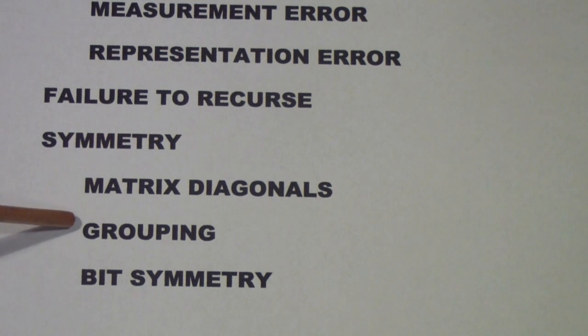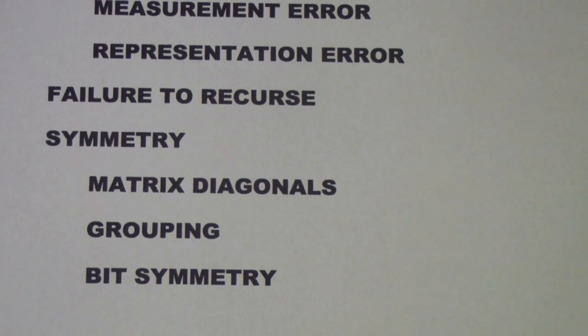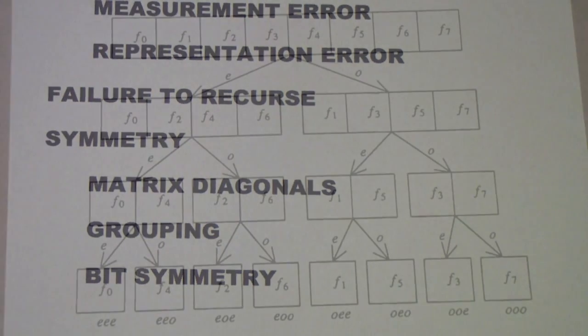Sometimes by grouping data, you can get a symmetry, like we just saw in the FFT by grouping the evens and the odds. And sometimes you will find that there is symmetry in the bit patterns. In other words, a bit pattern in one direction is exactly the mirror of a bit pattern in the other direction, and we'll see that in just a second.